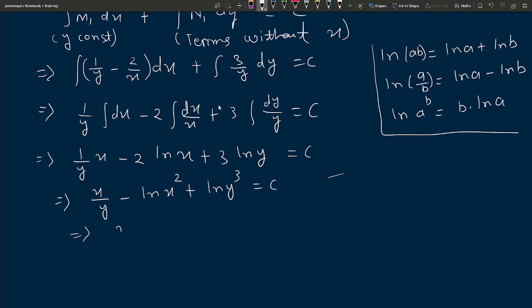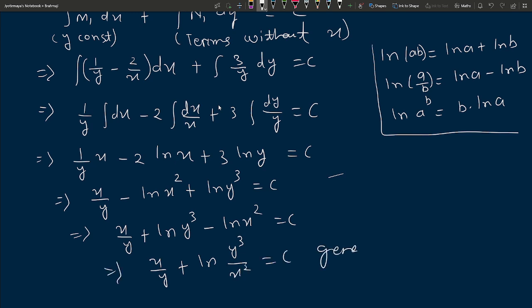Then I have x/y plus, since ln a minus ln b is ln a by b, I can write ln y³ minus ln x², so ln of y³ by x² equal to c. So this is my general solution.